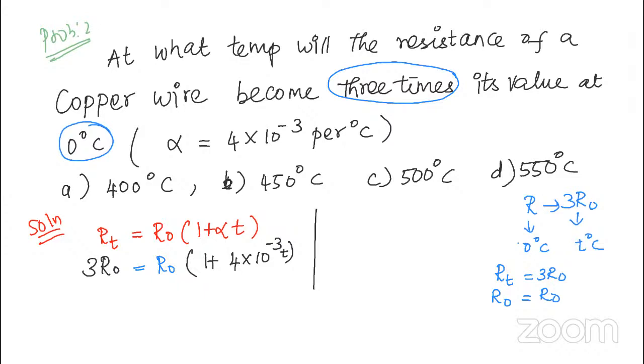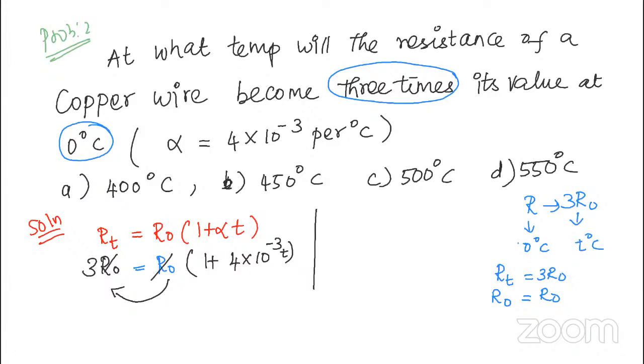So here in the values, we can cancel out R naught, R naught.